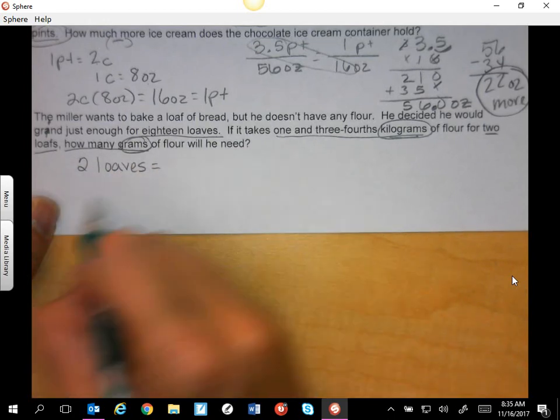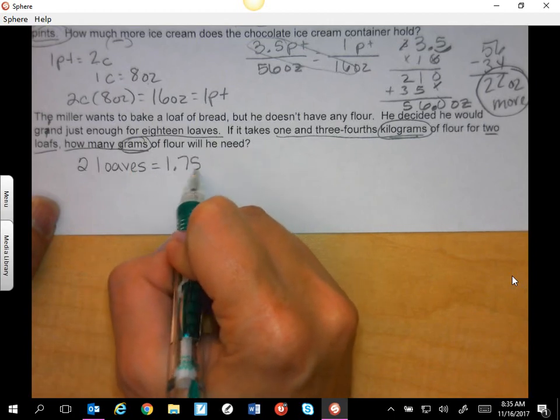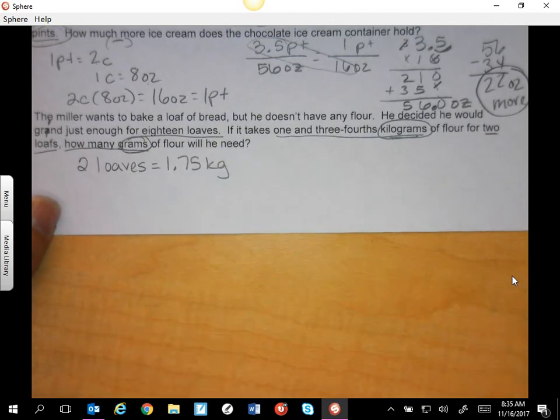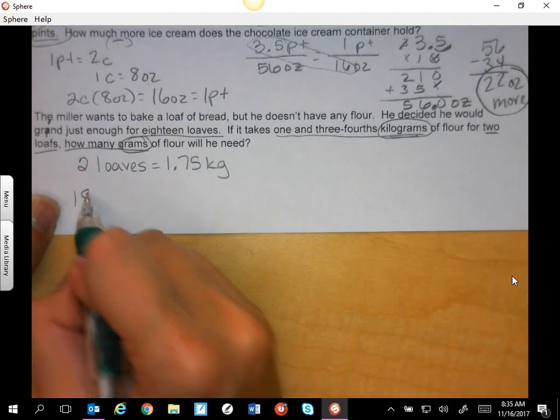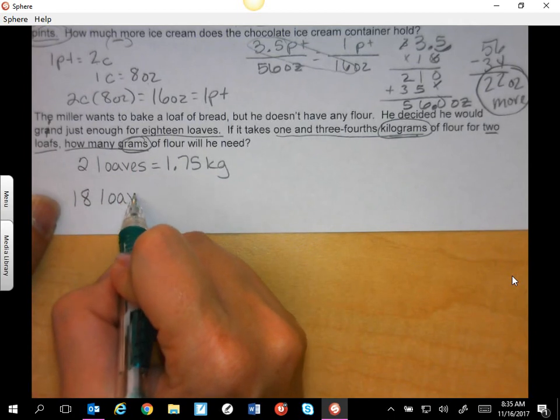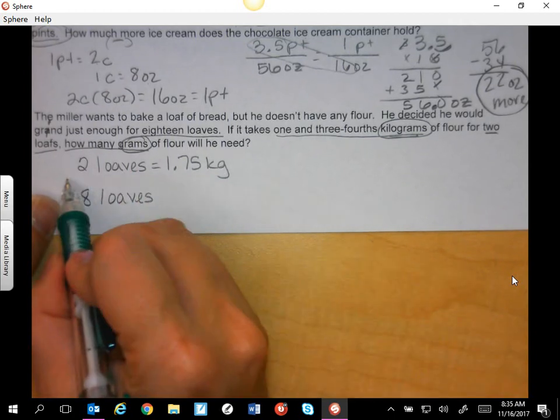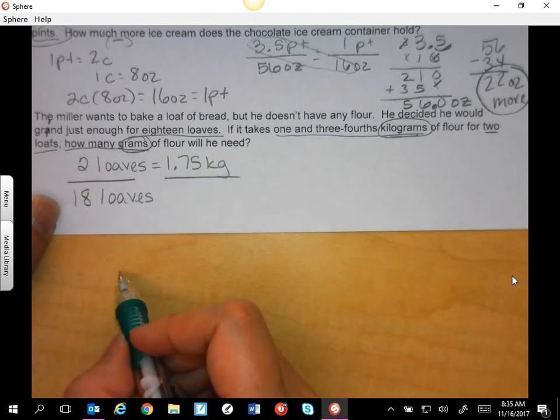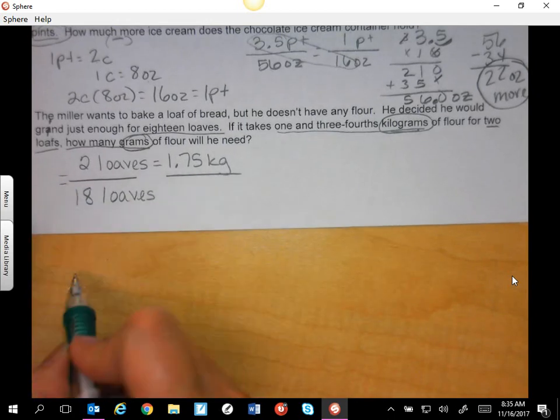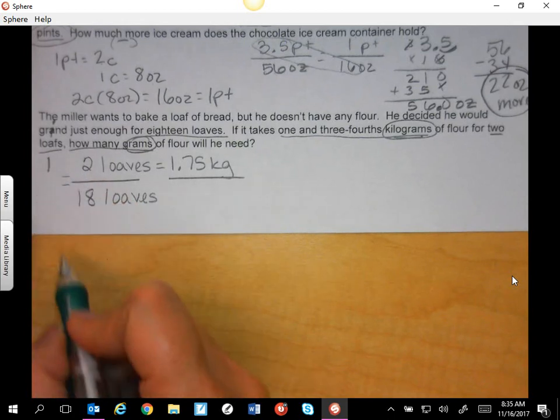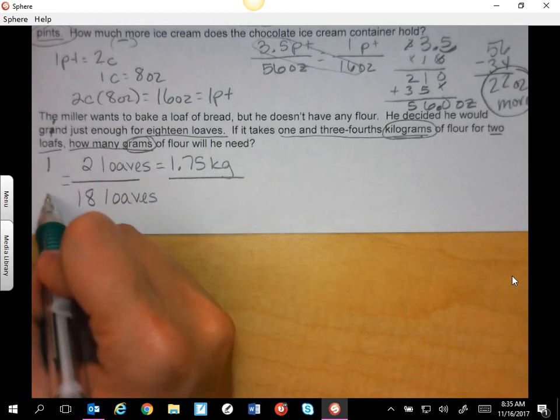is equal to 1 3/4, which is 1.75. We need 18 loaves. We can do a proportion here. We can also simplify this and say 1 and 9 if we wanted.